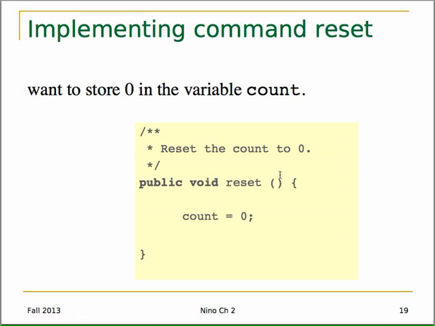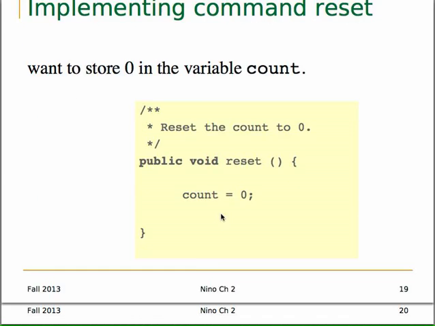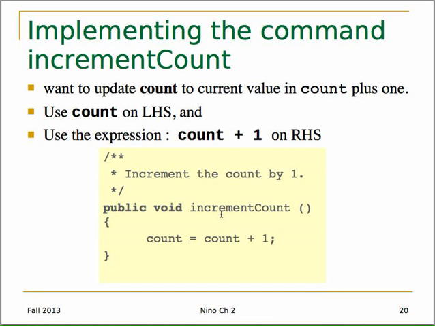Okay, so how do you set up this reset command? All we want to do is store the value 0 in the variable count. You just assign the value 0 to count. Simple. In this case. For the command method increment count, you do something a little bit more complicated. We want to take whatever count value we currently have, add 1 to it, and then store it.